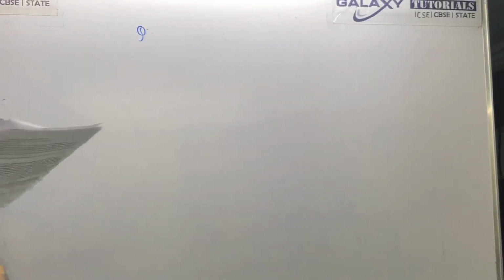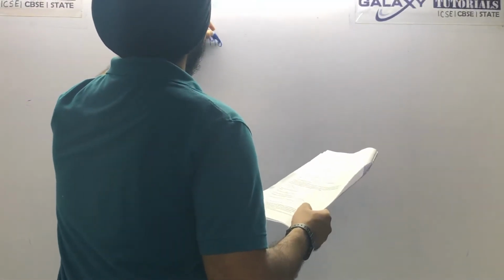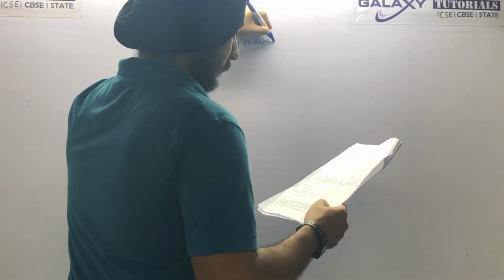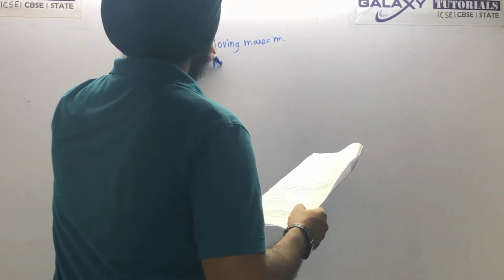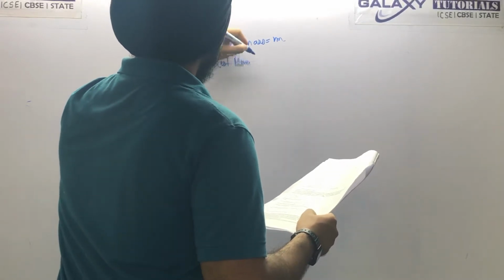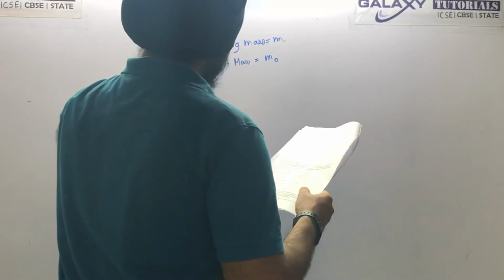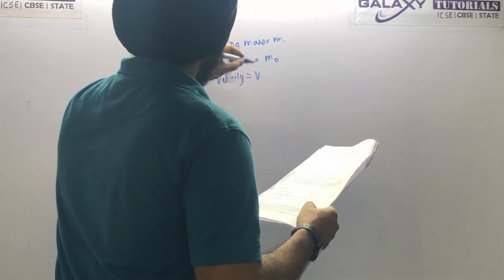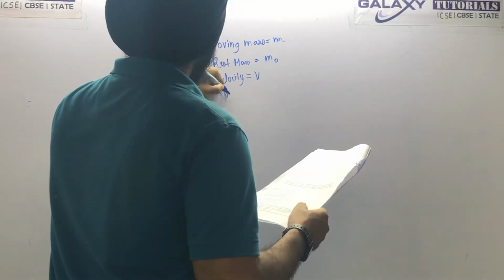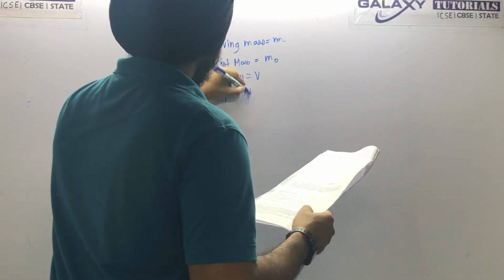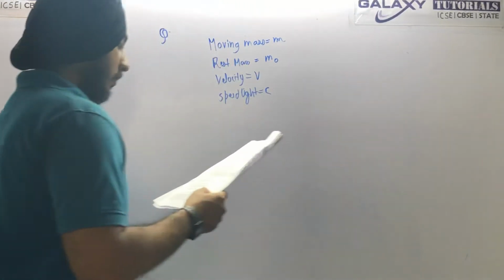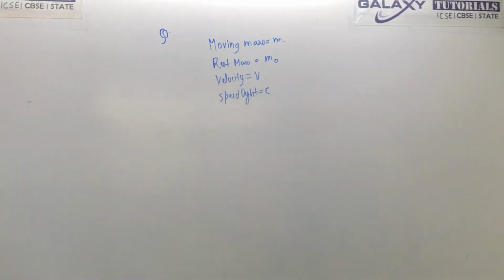A famous relation in physics relates moving mass m, rest mass m naught, and velocity equal to v, speed of light c. Okay, now what is moving mass, rest mass, velocity?